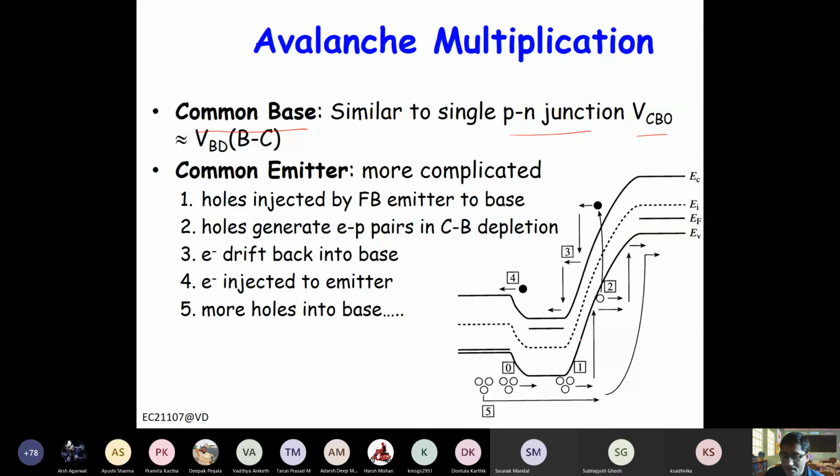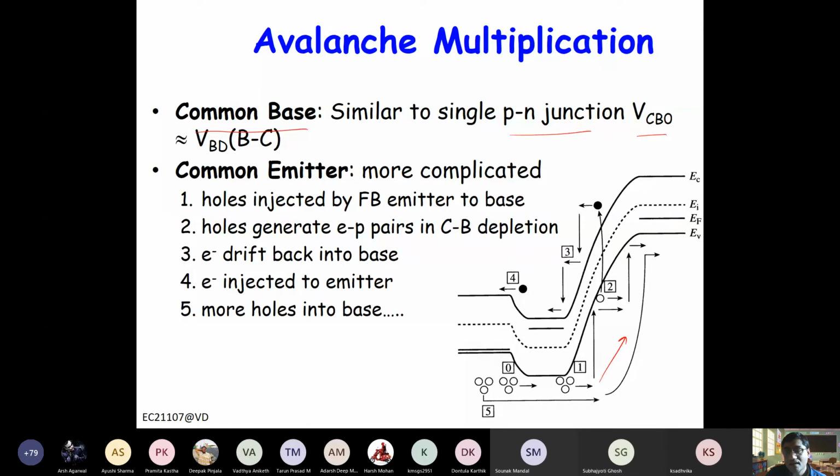If you look at a normal reverse bias, some minority carriers from each side will cross over the junction. If the field is higher, they will get multiplied. But in case of common emitter, what is happening? Carriers are coming from the emitter, holes.